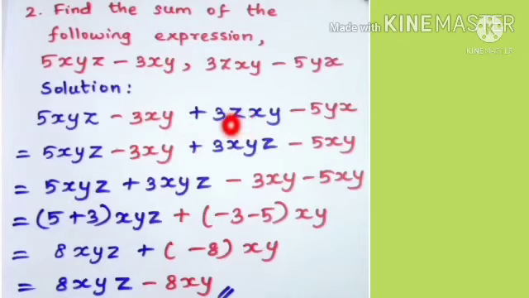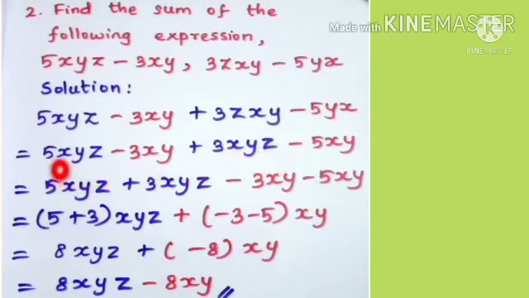And here zxy is the same as xyz by the commutative property under multiplication. The order in which we multiply three integers does not matter.